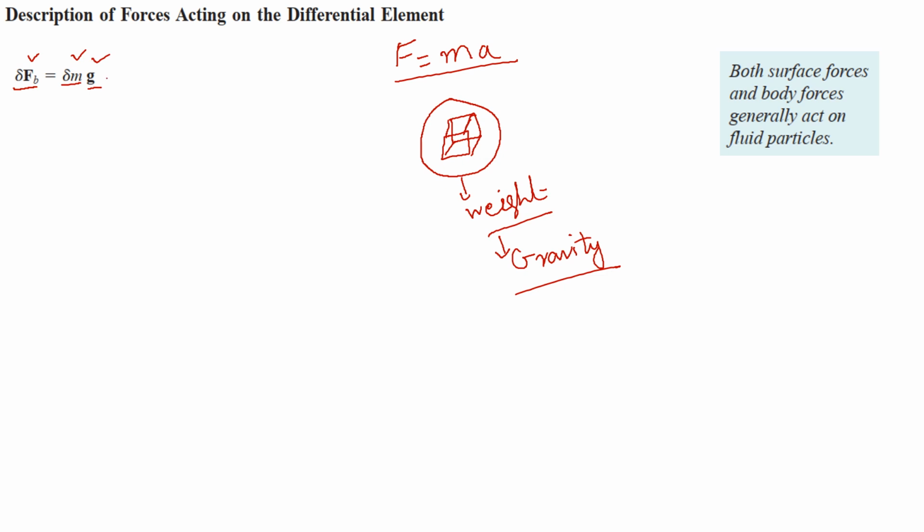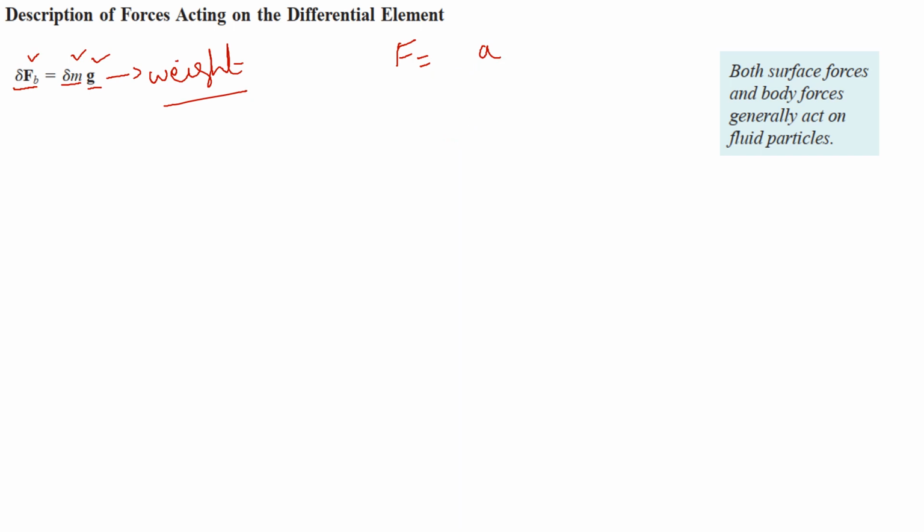So this is actually the weight of the particle, as you can relate. Now writing this equation in the x, y and z axes, how will we represent this force? The only directional element in this force is the acceleration due to gravity.